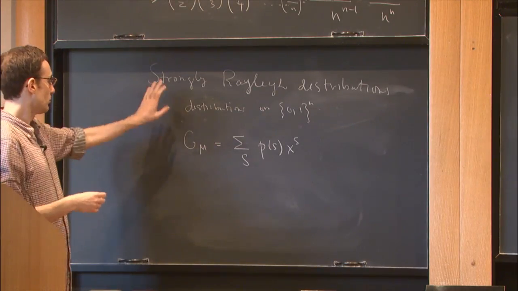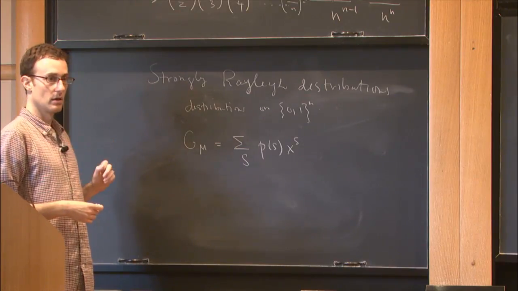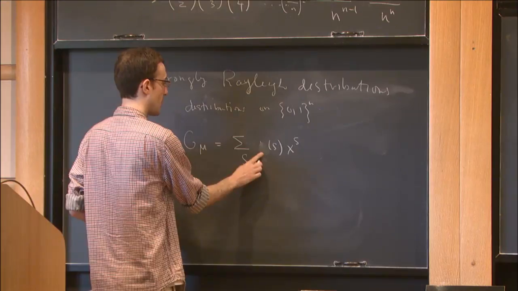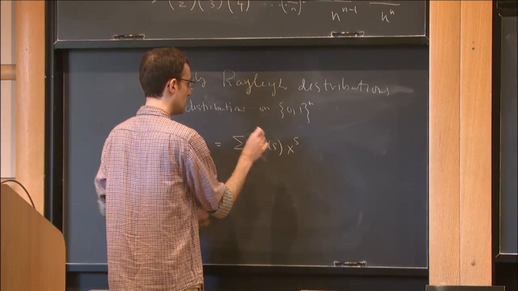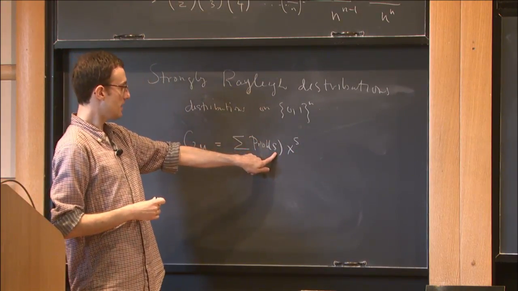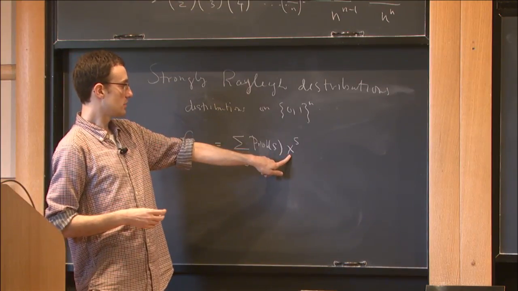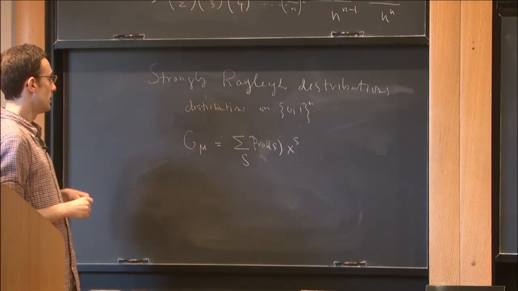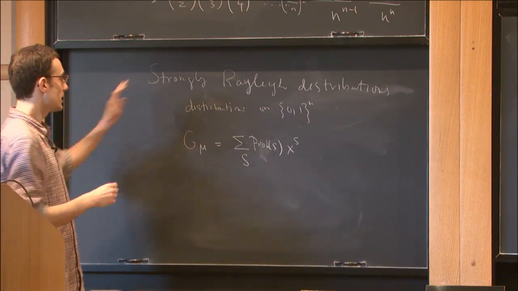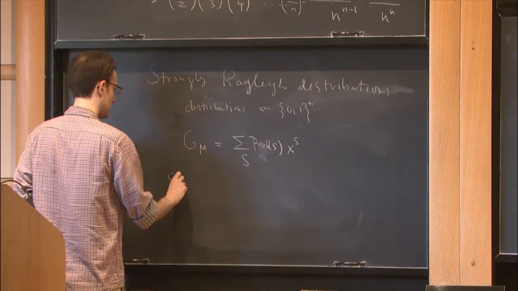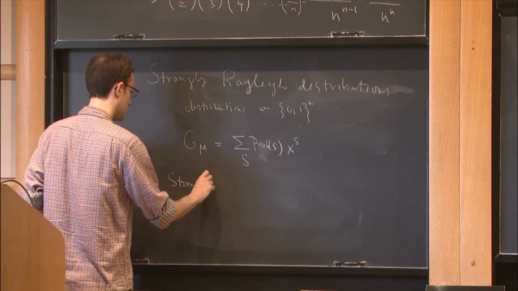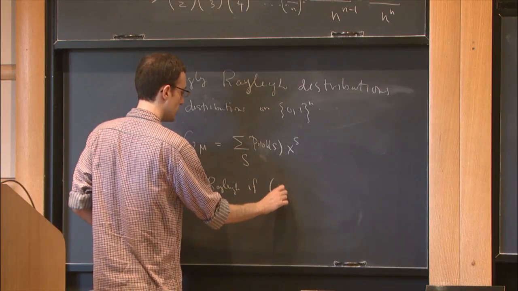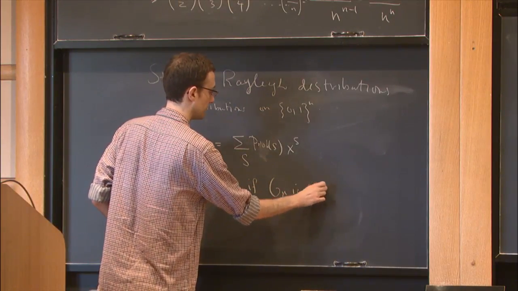So we should understand the P_S as the probability of picking this set, times all of the variables associated to that set. It is called strongly Rayleigh if G_mu is real stable.